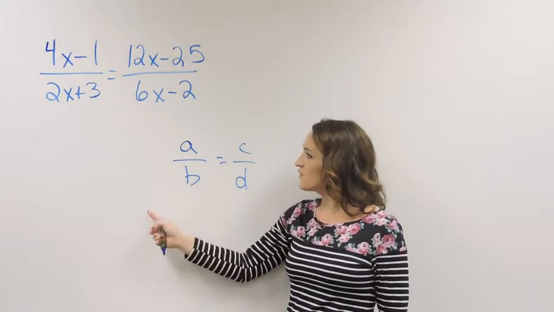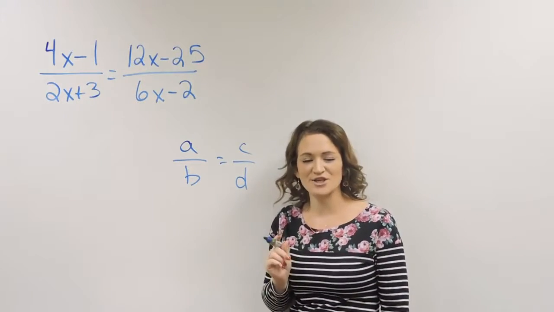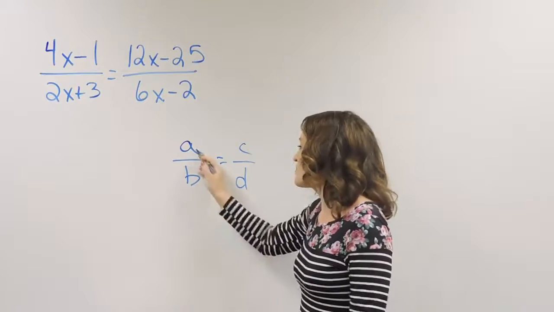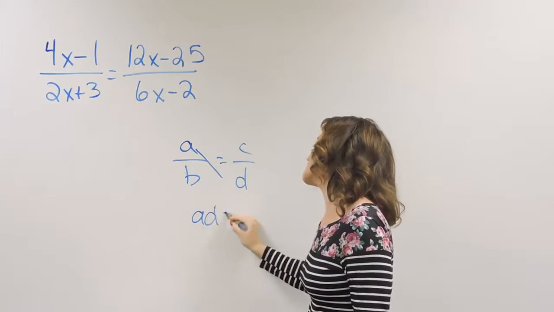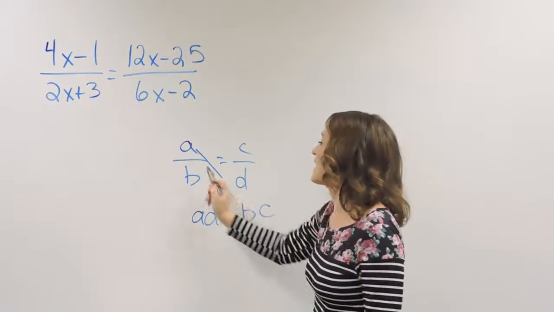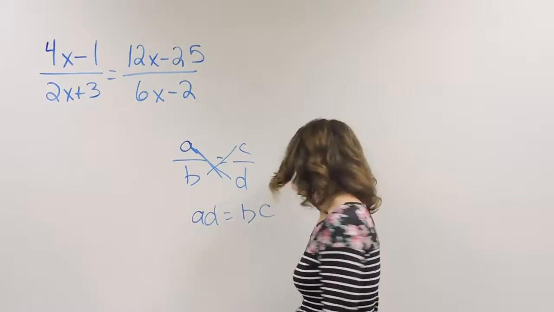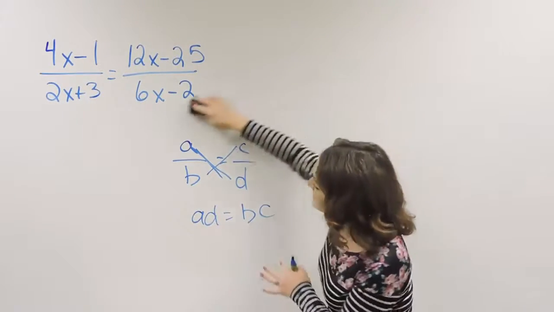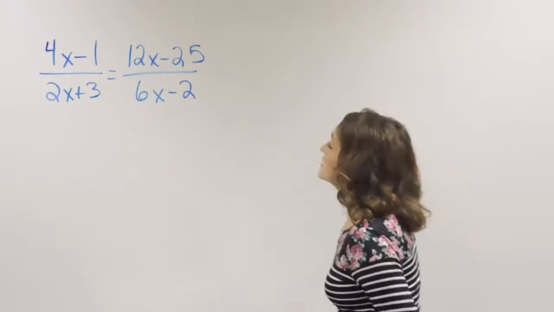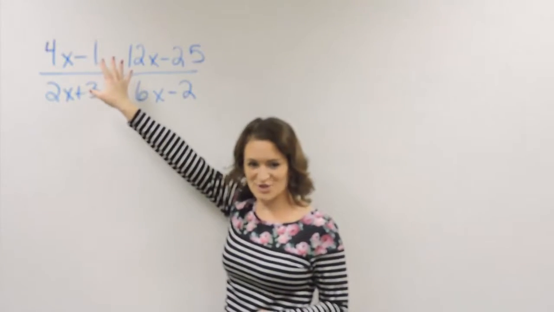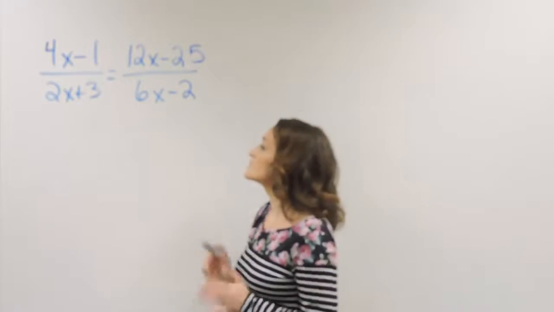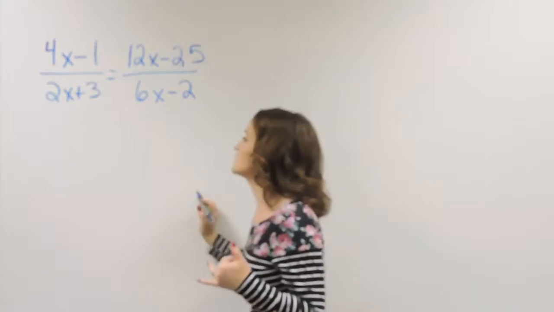I see that I have one fraction set equal to another fraction, and in order to solve a proportion, we could actually cross multiply. Do A times D is equal to B times C. So I'm going to use cross multiplication in order to solve this equation.